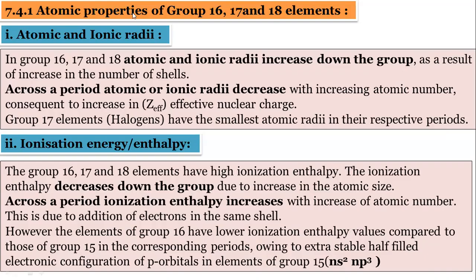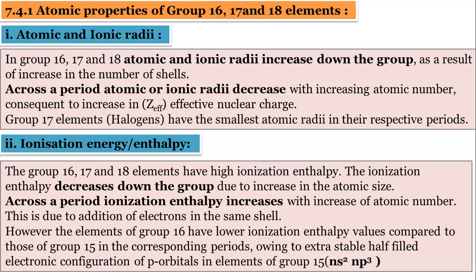Then I am coming to the atomic properties combinedly of group 16, 17, 18 elements. Combinedly, I will discuss atomic and ionic radii. I am not going to explain again what is meant by atomic and ionic radii, what is ionization energy, what is electronegativity, because in 11th standard we explained in detail.